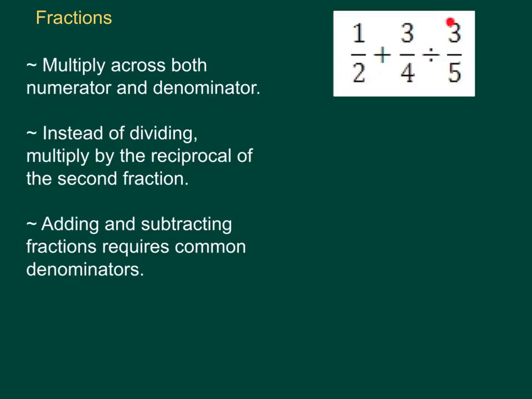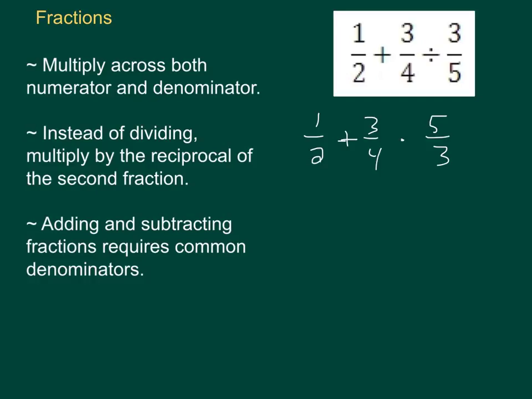So I actually have to do this division before I do the addition. Now, to do division of fractions, I have to multiply by the reciprocal of the second fraction. So I'm actually going to just rewrite this as 1/2 plus 3/4 times 5/3.